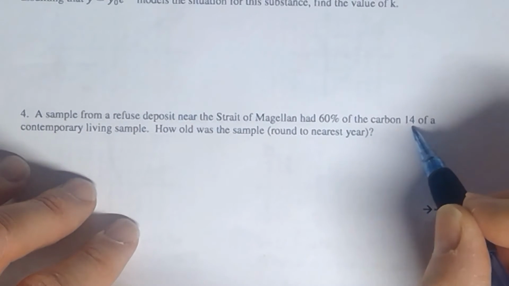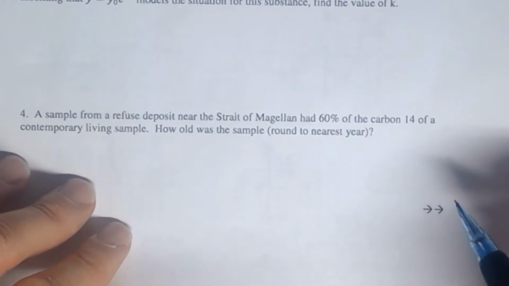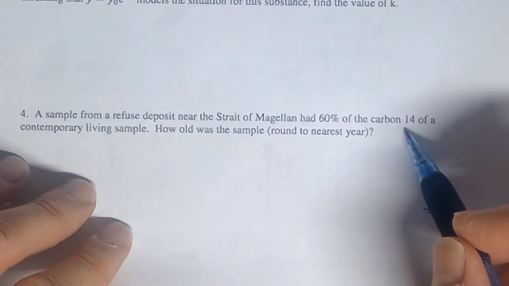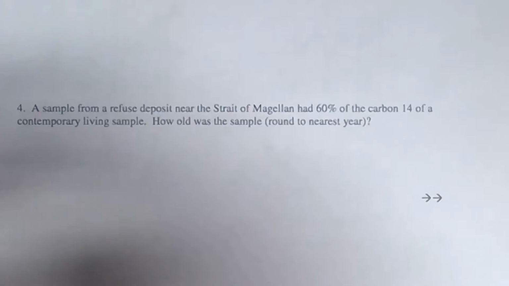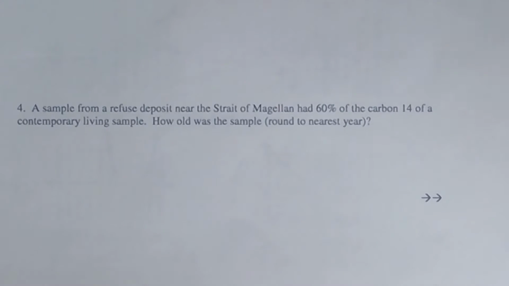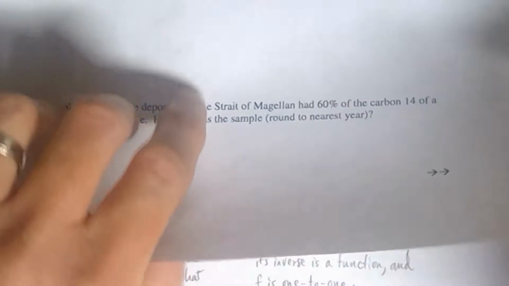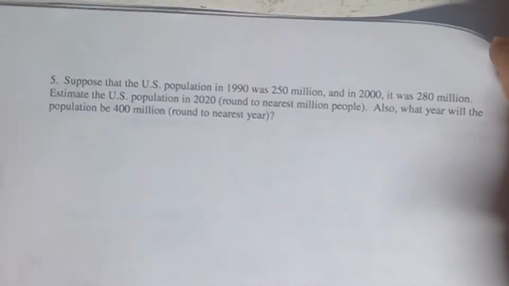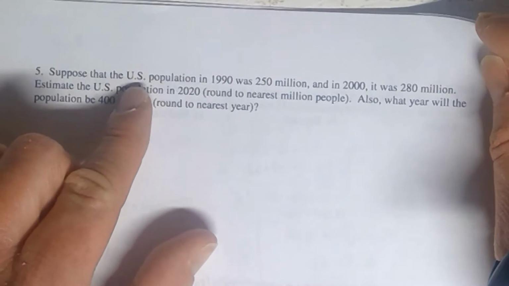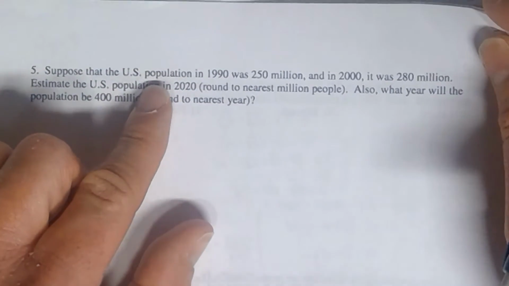But it is a substance that what I do know about carbon-14 is it's something that decays over time, and so that's what's important. In fact, it is something that decays exponentially, which is why we're talking about it here in problem number 4. That's what's important from a math perspective. And then on the back side, they talk about the population of a country, in this case, the population of the United States.